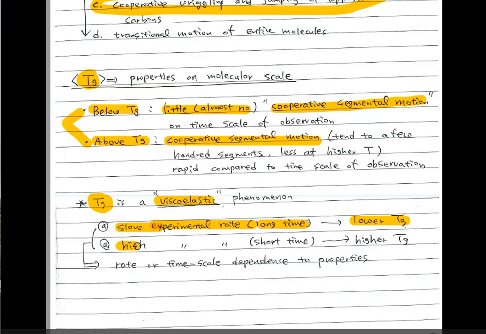On the other hand, if you increase the experimental rate or do the experiment at a shorter time, then, you remember silly putty behaves like a solid, right? Which means that its Tg is higher. So Tg is a very weird and very interesting experimental behavior of amorphous polymers.